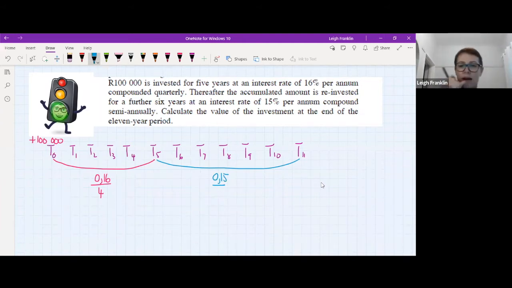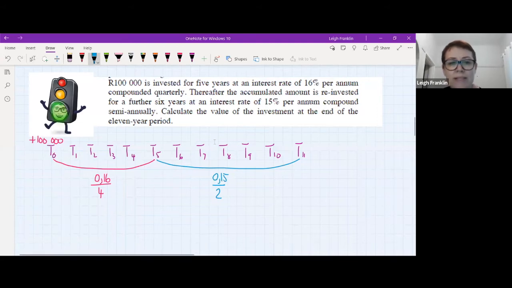What should I divide 0,15 by for semi-annually? Good, lovely, well done. A lot of people want to divide it by 6, which is incorrect, but not you guys. Well done, Matrix, beautiful.